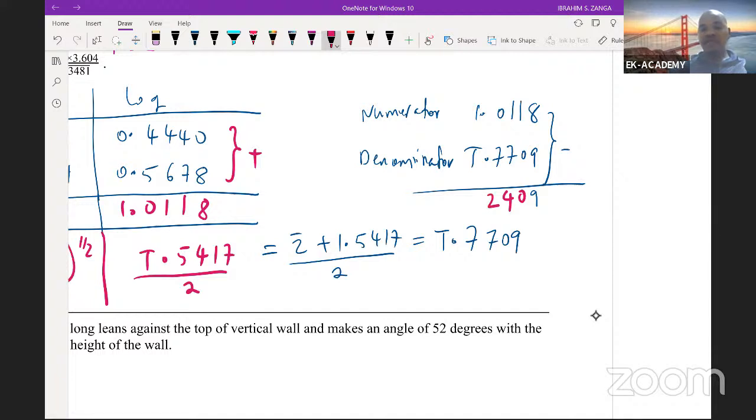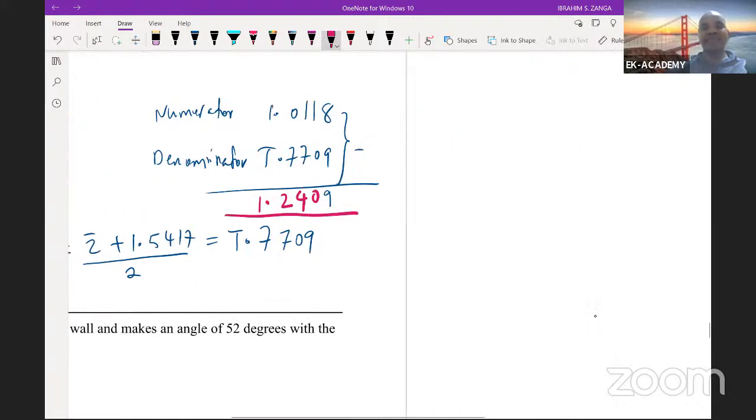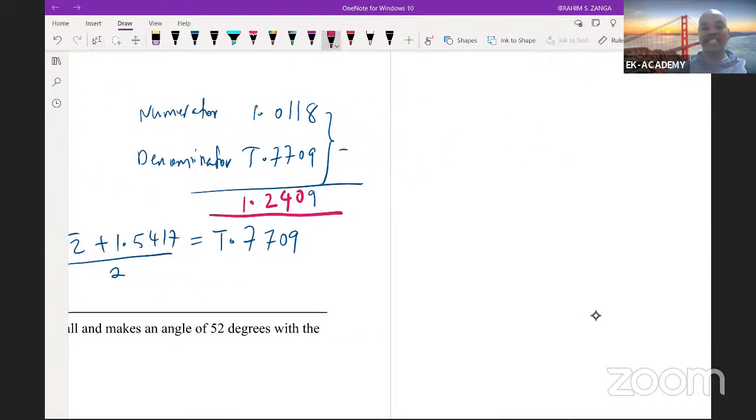You have 0 minus 1, so you are going to have bar 1 point. We have bar 1.2409. So the next step now, we are going to find the antilog.